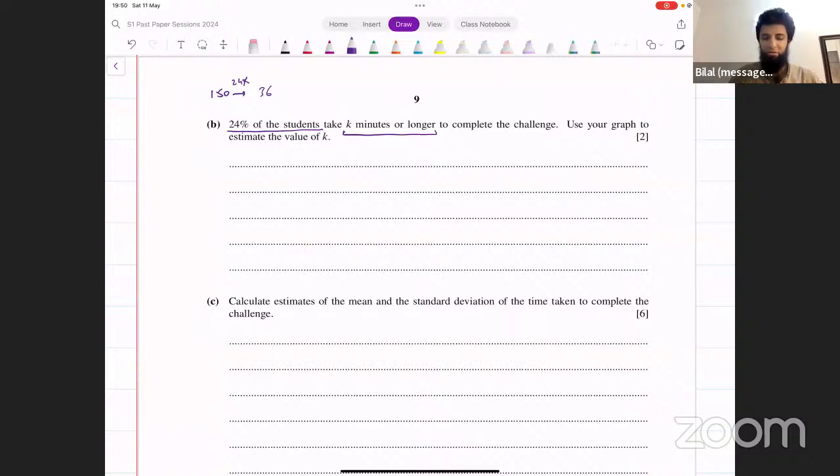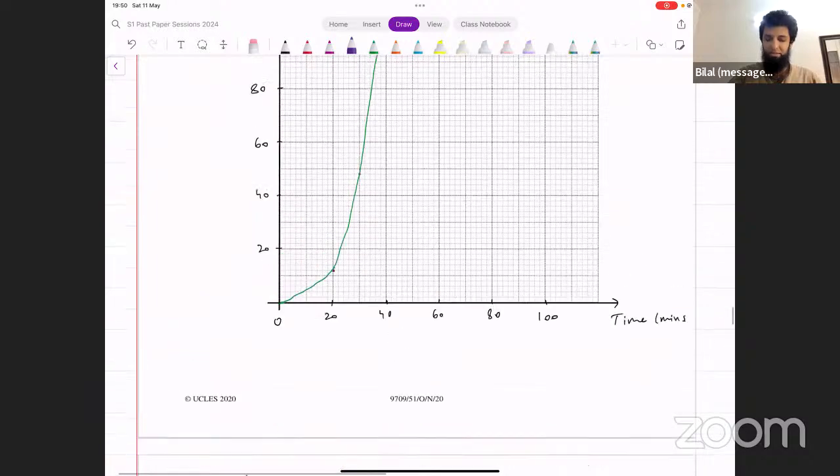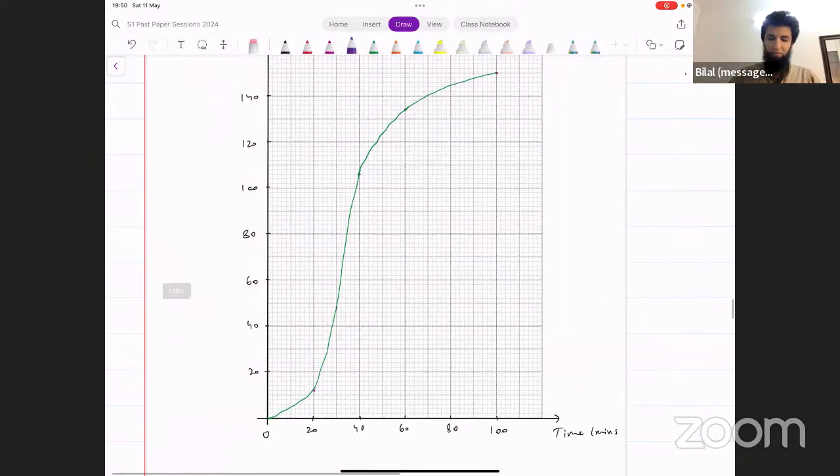Now, how do we think about this? Whenever it says some value or more than that, remember we have to look at the right side on the horizontal axis and in the upwards direction on the vertical axis. Let me explain what that means. So 24% students take K minutes or longer. Now, let's assume K was somewhere here.